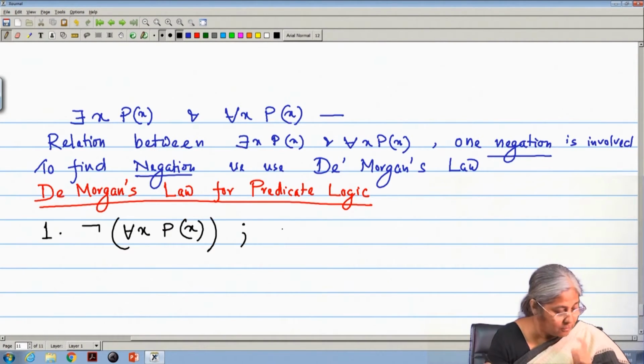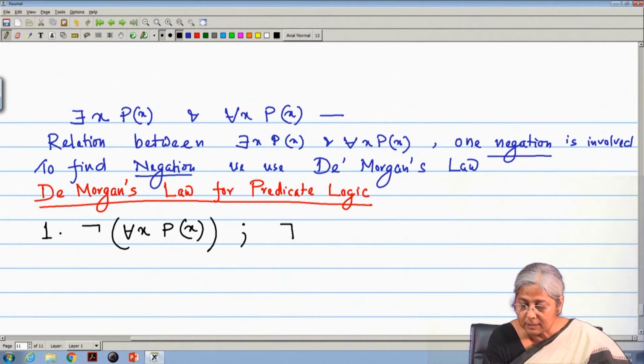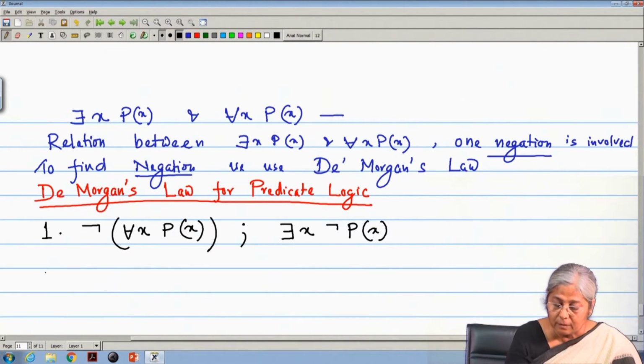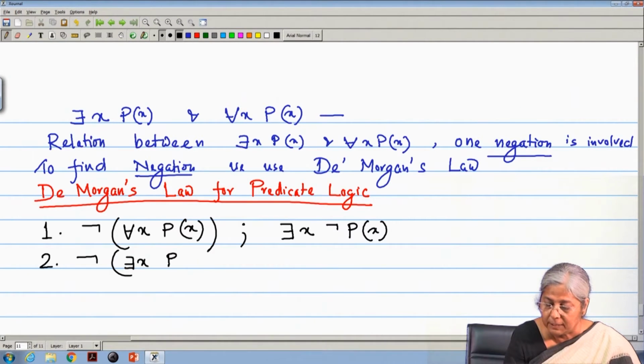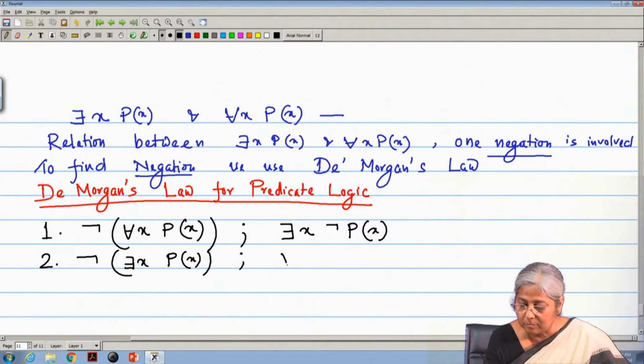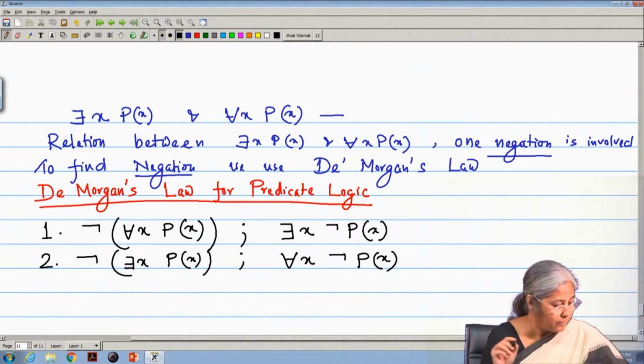It is there exists x negation p x. The second one is for negation of there exists x p x, and that is for all x negation p x.